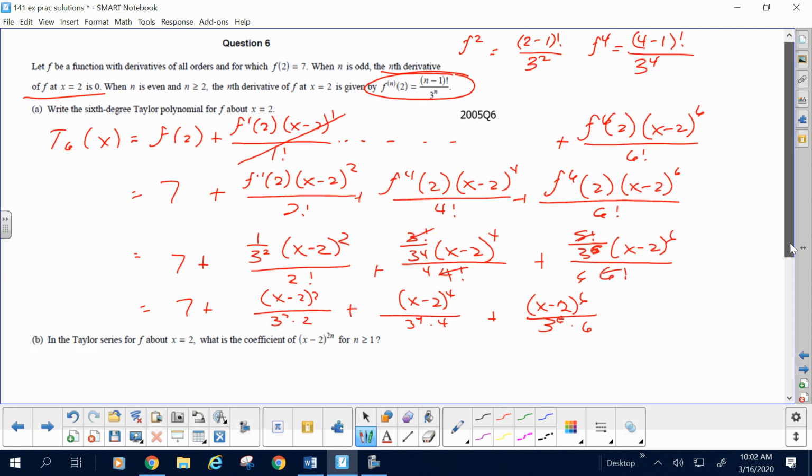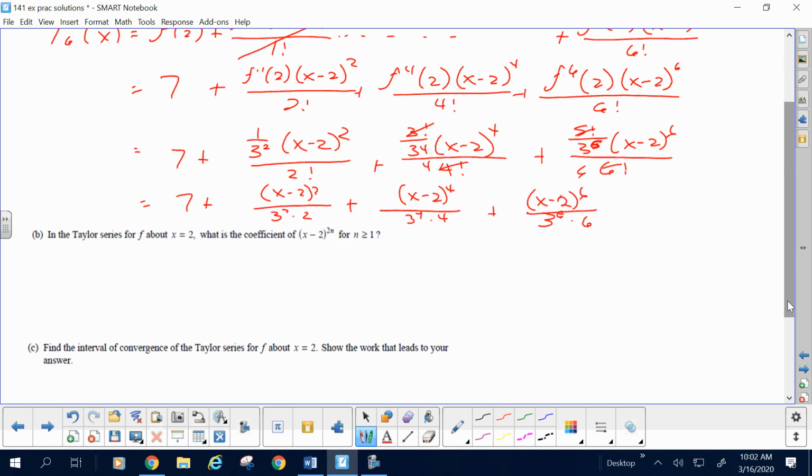Now with that, I think I can see the pattern that they're going to ask for in B. Generally, what's the coefficient of x minus 2 to the 2n? Well, the coefficient looks something like 1 over, and if the exponent is 2n, then first and foremost, there's a 2n floating.